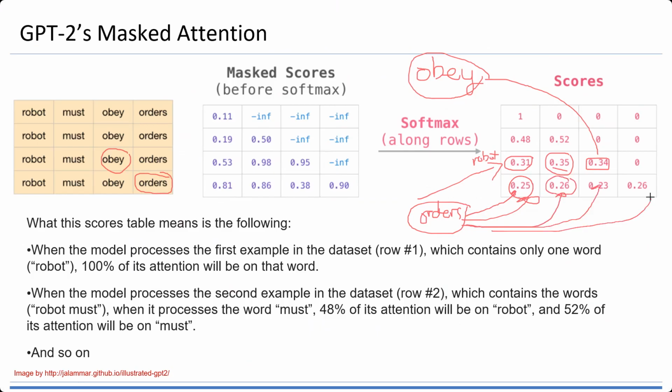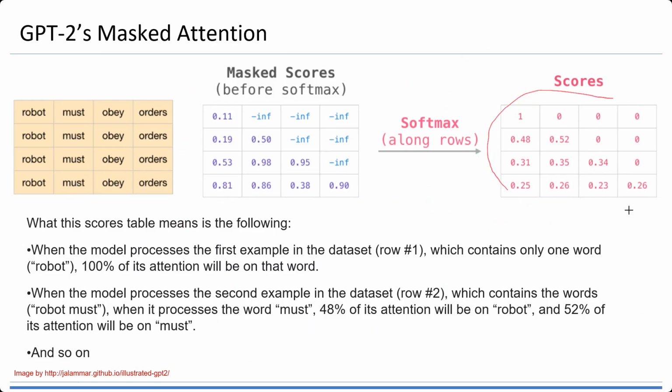So this is an example. Of course, in practice the scores will be very long, not only 4 by 4. You can look at this kind of scores. The total will be 1. Because the total is 1, we know that a higher value means higher attention.